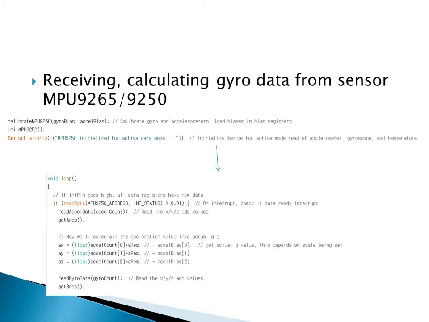Now, the Arduino board should receive the gyro data from the sensor MPU 9265, and the sensor will calculate the coordinates and try to send it to the Arduino mainboard.